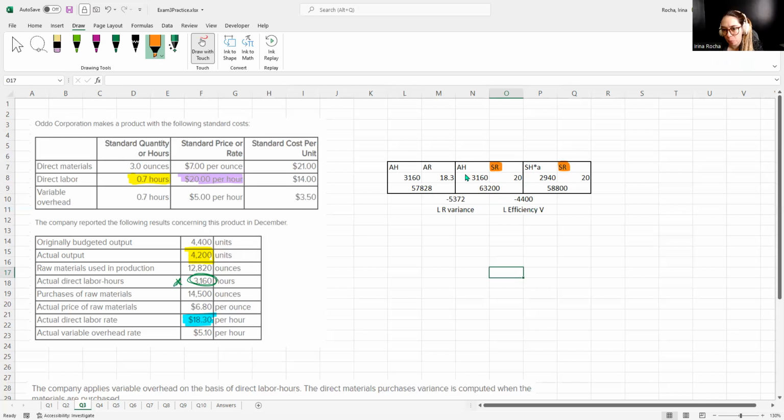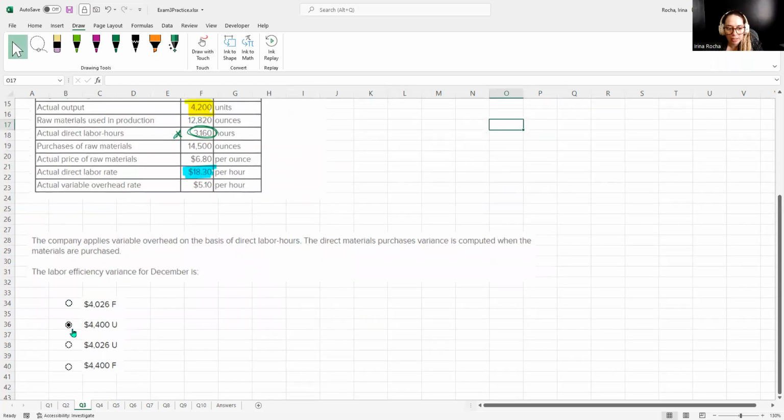So we used more hours. If you compare this with this, or just the number, the ending result, this one is higher, so it's unfavorable. I spent more hours. The efficiency was not as good as it could have been. So the answer is 4,400, and it's unfavorable.